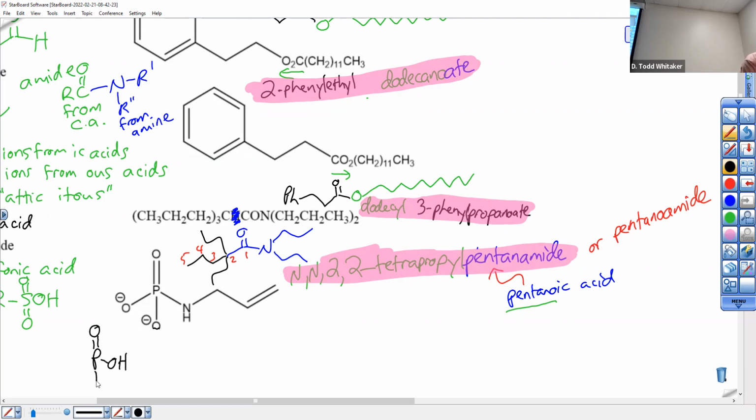Just a reminder, phosphoric acid becomes phosphoramide. Now tell me what's on the phosphoramide. Well, there's a group on the nitrogen. We know how to say that.